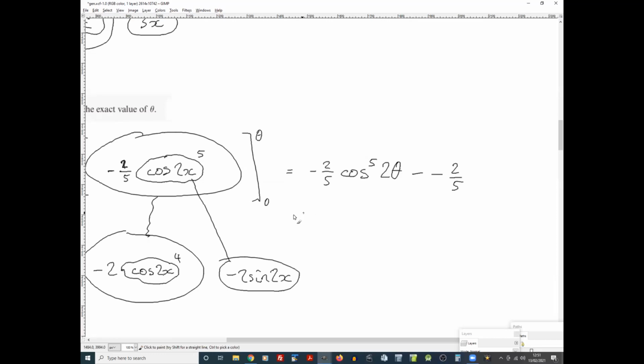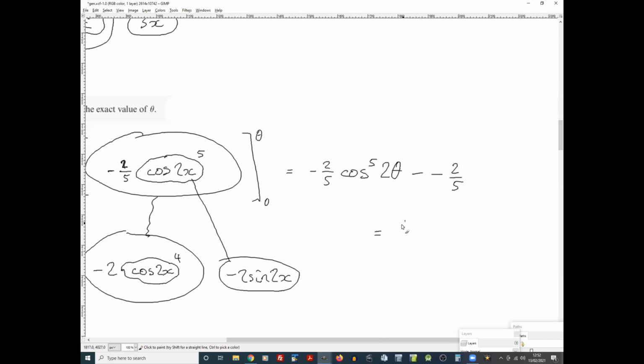Yes. So it's 1 that we're raising to the power 5. Wait, minus 2/5, 1 to the power 5, isn't it? Yes, and we're subtracting minus 2/5 times effectively 1. So just plus 2/5 essentially.